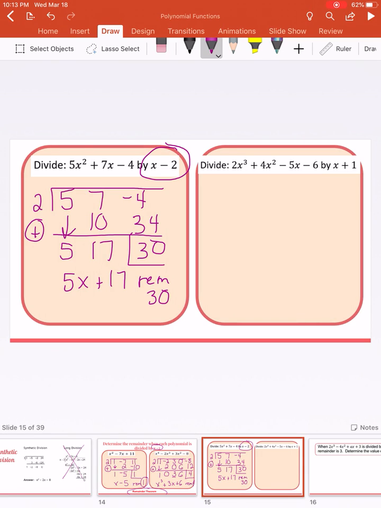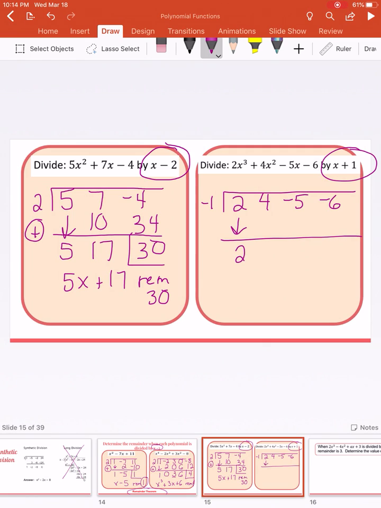All right, now let's try this one over here. So my 0, sorry, of the factor x plus 1 is negative 1. I will take the leading coefficients. I'm going to check and see if I'm missing any terms. No, so I do not need a 0 placeholder. Negative 1 times 2 is negative 2. 4 plus negative 2 gives me positive 2.